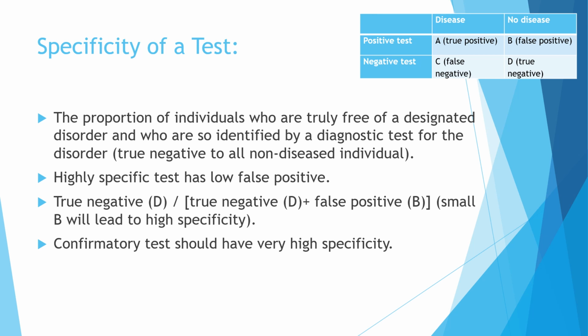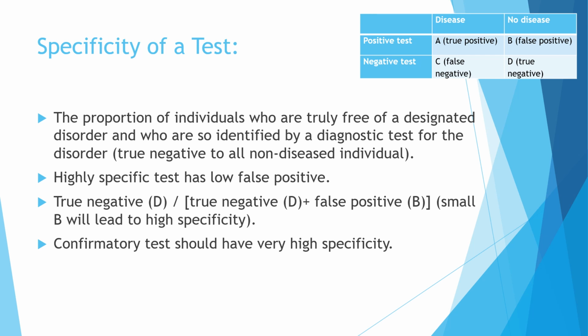So as we said, the specificity is D divided by D plus B. So if the B is a low number, this equation will give you a number close to 100%. If you want to do a confirmatory test, you would like to get a highly specific test.